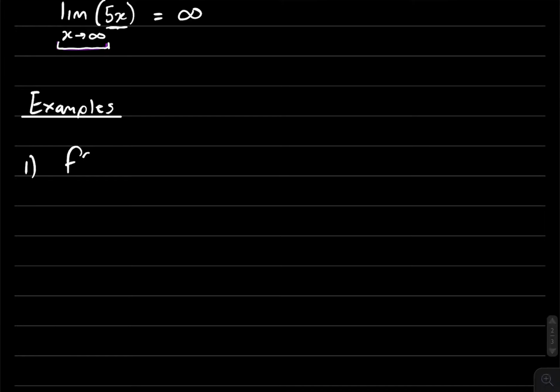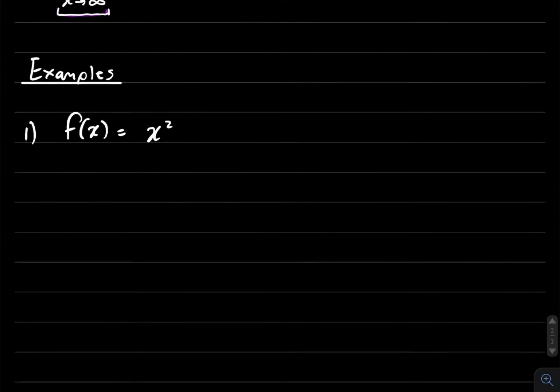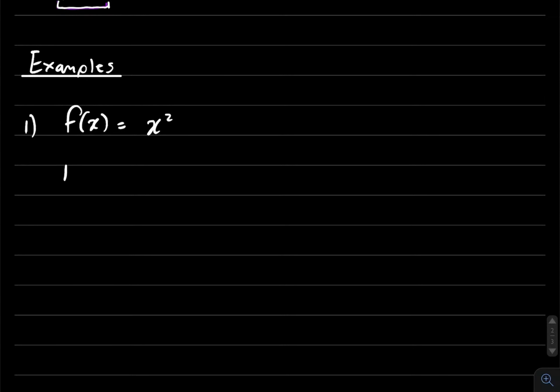Let's say that we had f of x is equal to x squared. Then we wanted the limit as x approaches, let's say 4, of f of x. So what does this mean again? Let's draw out our graph.